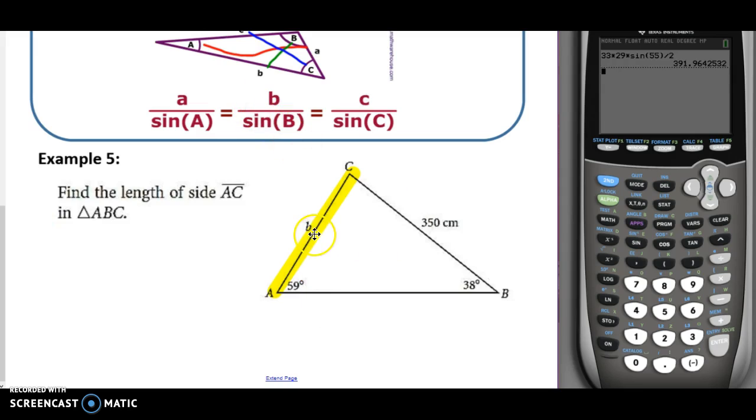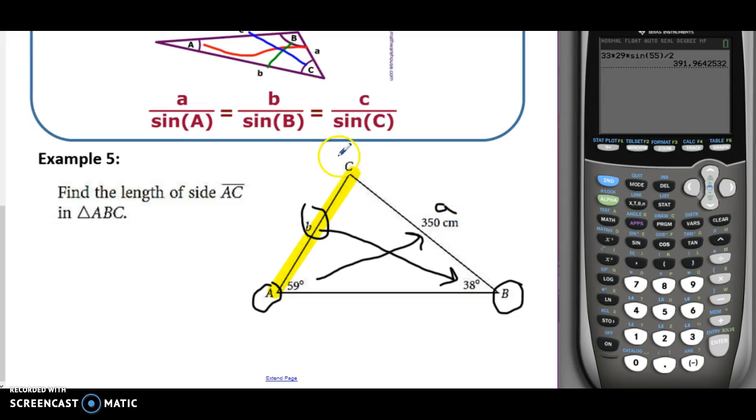So we are missing a side length. However, we have the angle across from that side length already. So notice this is capital B and little b. And we also have another angle, capital A, which is across from side 350. So this we're going to call little a.